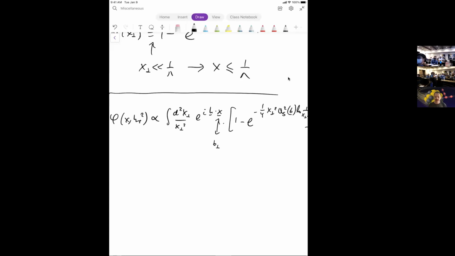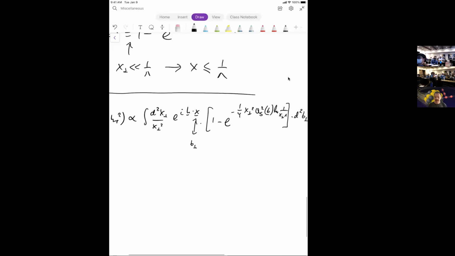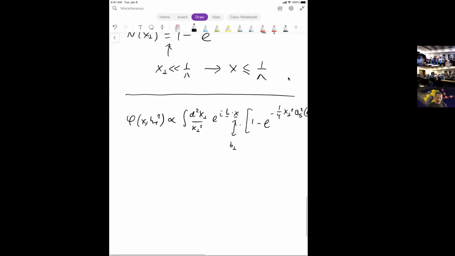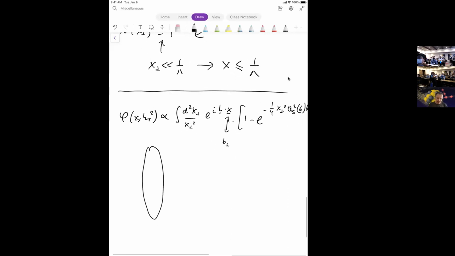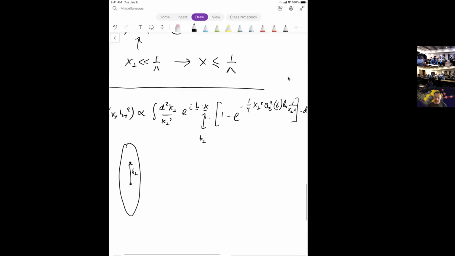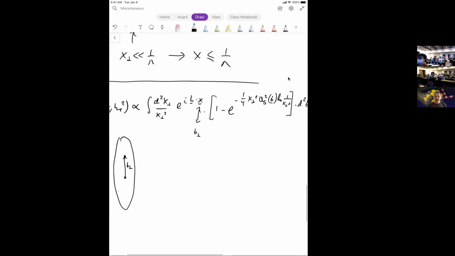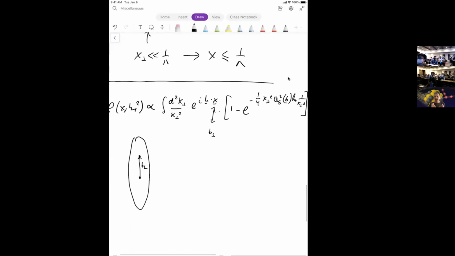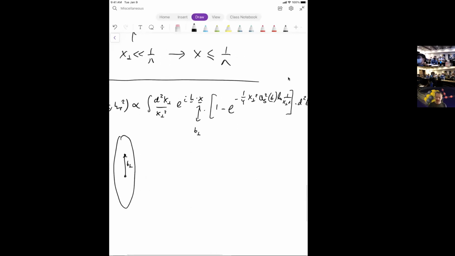In the small x literature, we have the distance x perp, and then there is a true B perp, which is a position. We could consider a position somewhere inside the nucleus or inside the proton, in relation to the center of the nucleus. That is B perp, the impact parameter. So certainly the fact that the nucleus has a profile in B perp comes into the fact that the saturation scale really depends on B perp.